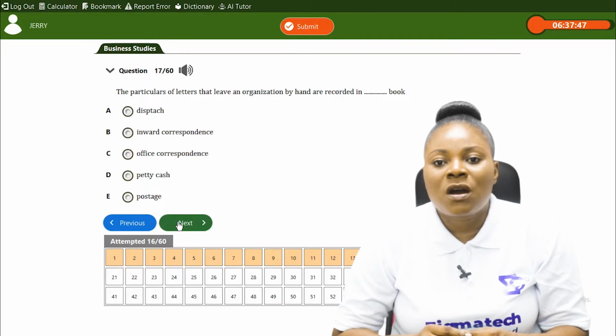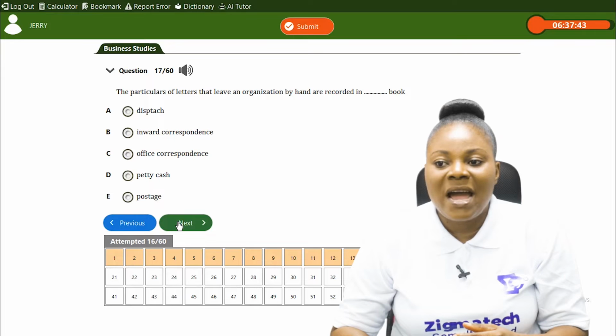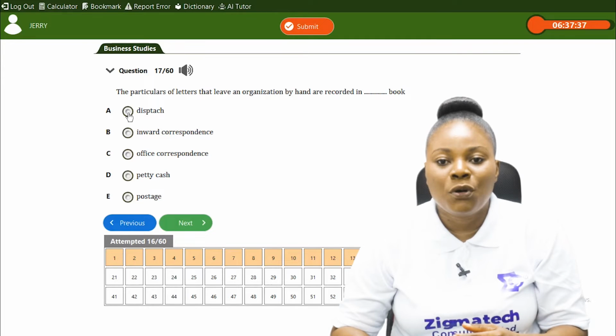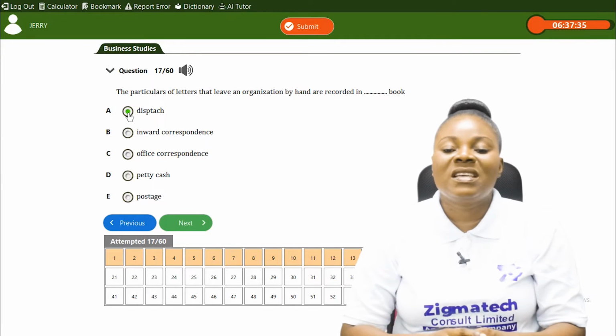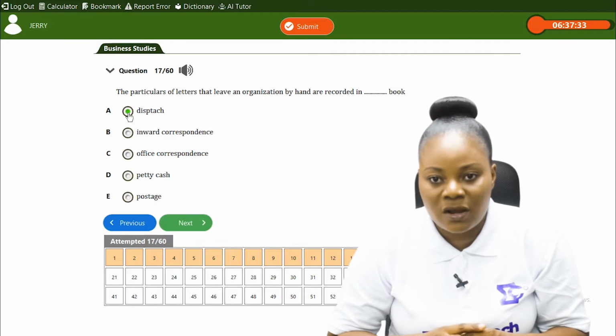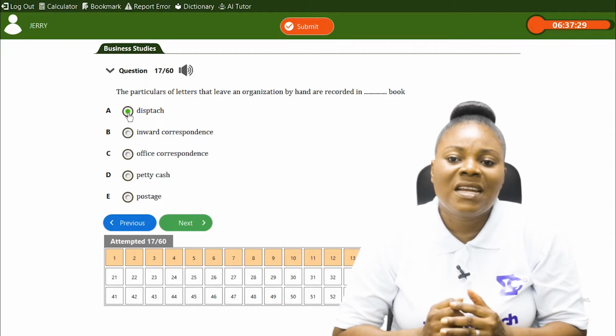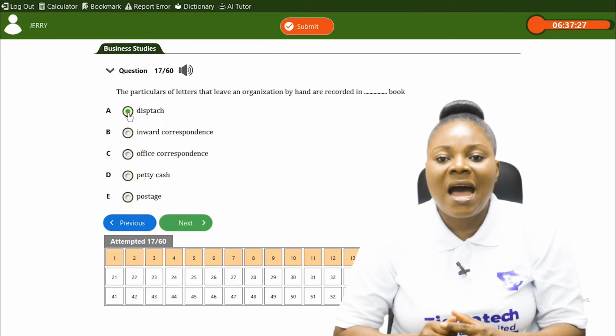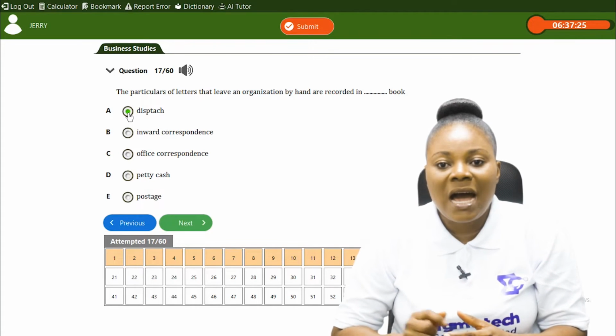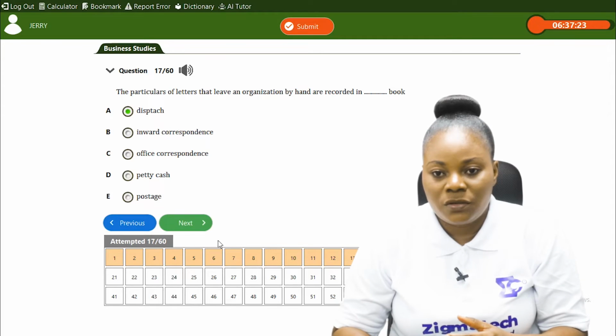The book that records particulars of letters that leave an organization by hand is referred to as the dispatch book. The dispatch book is an office correspondence record. It is the book that is used to keep record of any letter delivered by hand in an organization.